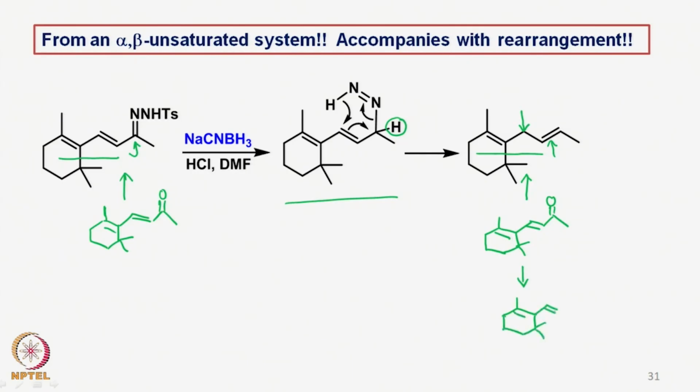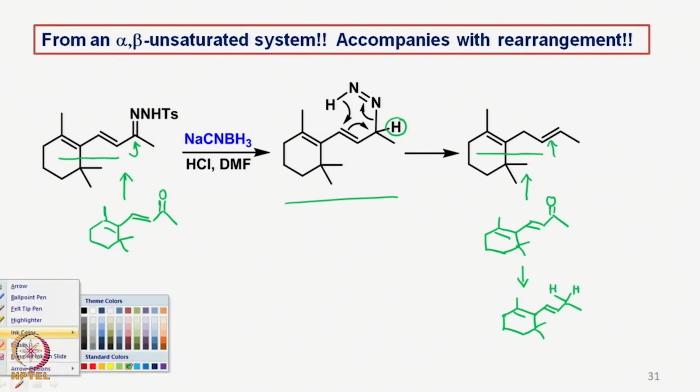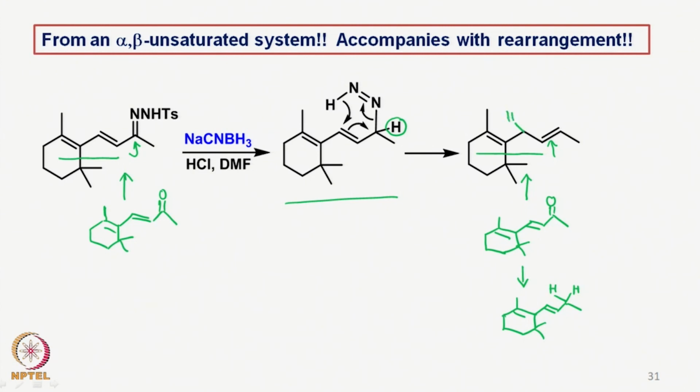If it was a normal reduction, then we would have expected the 2 hydrogens to come here, but that is not the case. The 2 hydrogens have come at this position here eventually. So instead of getting this molecule, which we did not get, we got this molecule via the tosyl hydrazone. This is how the reactions of sodium cyanoborohydride take place.